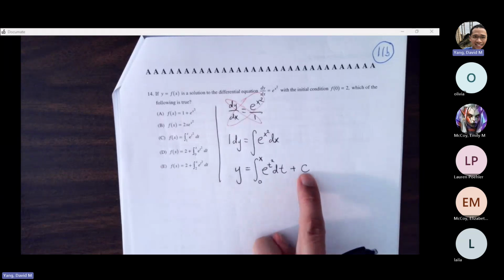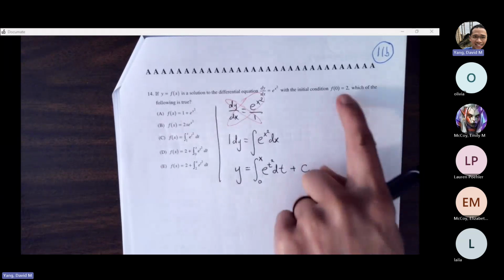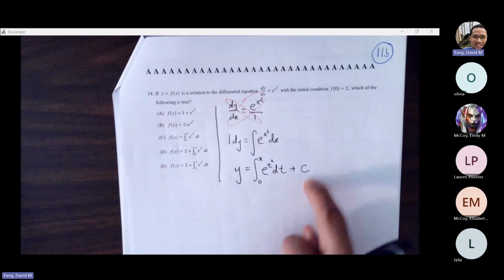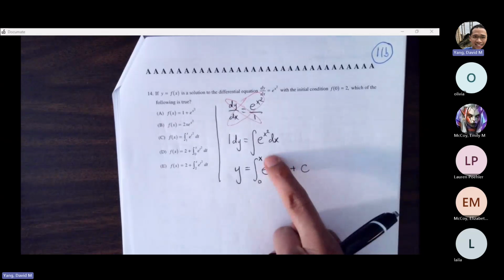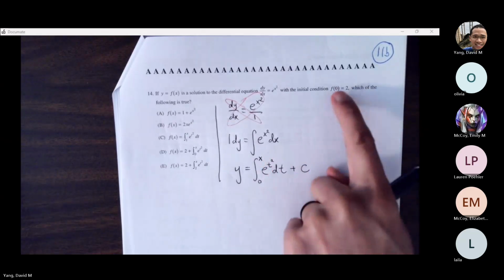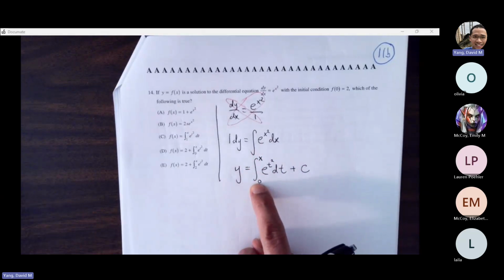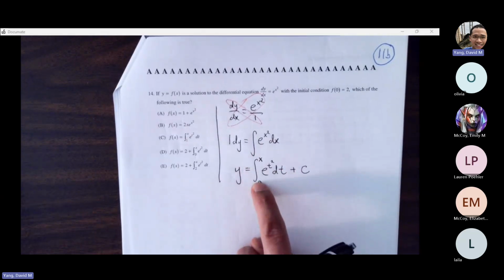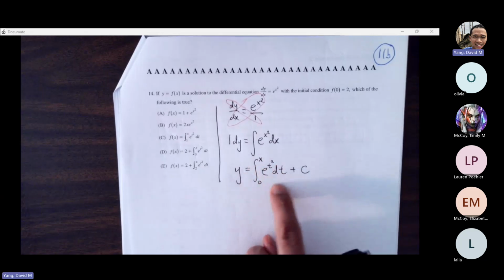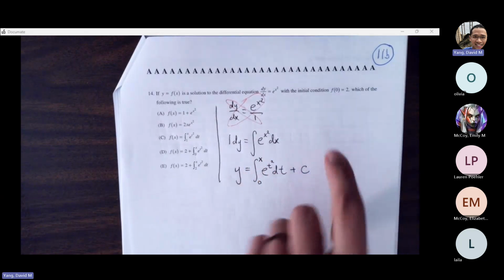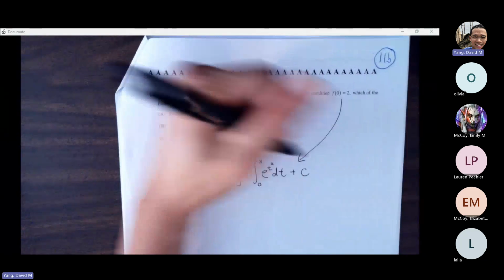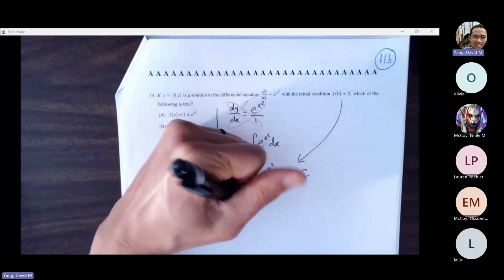So what we can do though is play around with this ordered pair and actually solve for c at this stage, because if I plug 0 in for x, that'll wipe this whole thing out, because from 0 to 0, it'll just be 0, and I can just plug in at this stage and then solve for c.